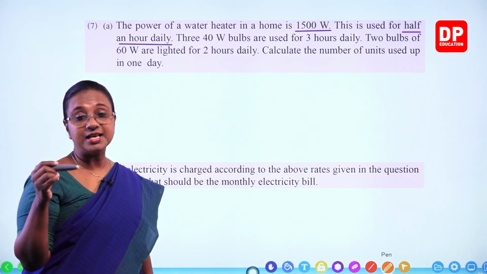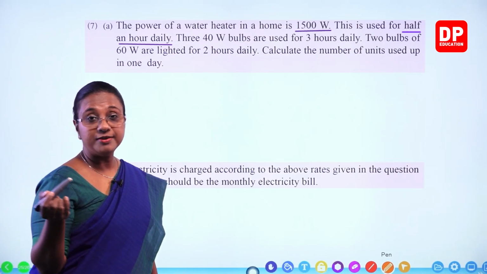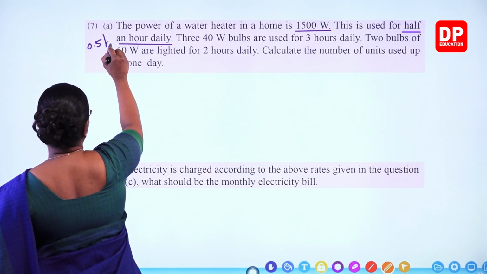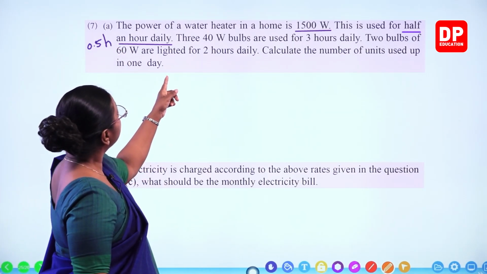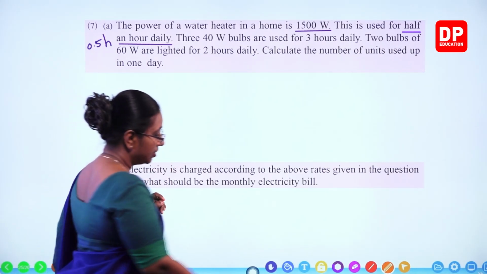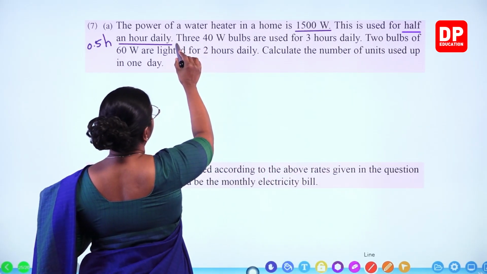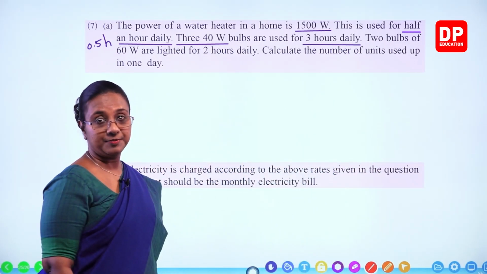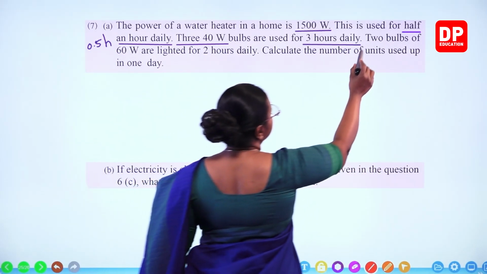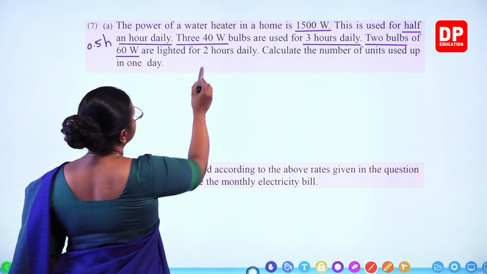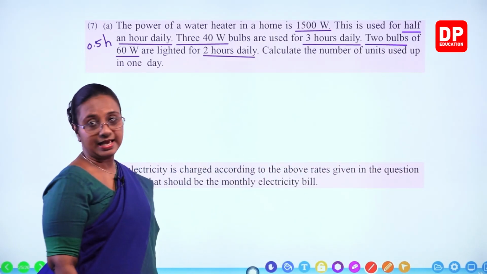We have to take it as either half or 0.5, which is more convenient. So this is going to be 0.5 hours. Three 40 watt bulbs are used for 3 hours daily. And 2 bulbs of 60 watt are lighted for 2 hours daily.